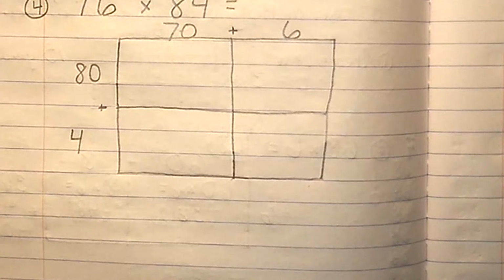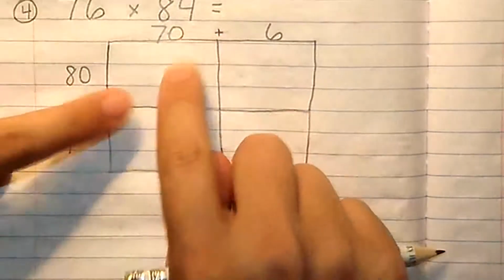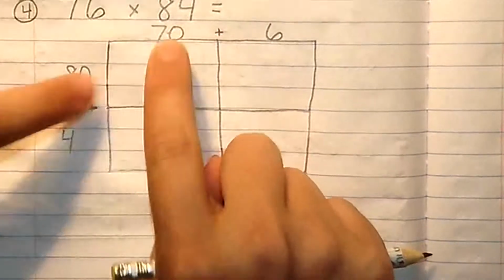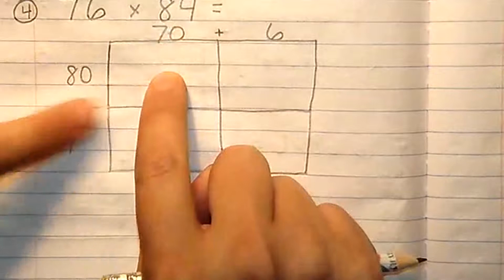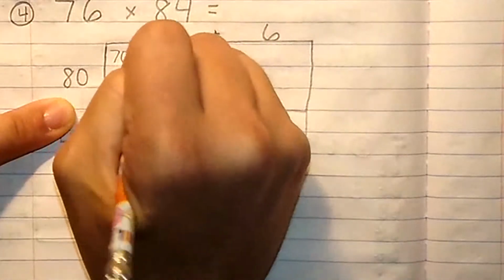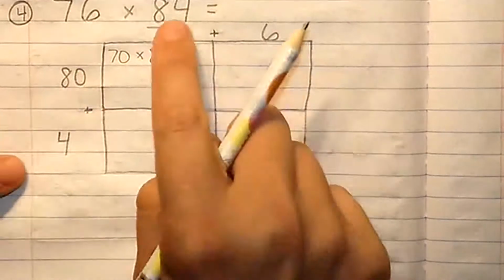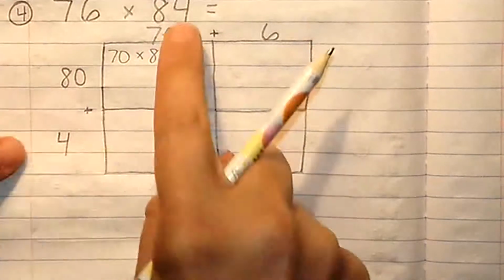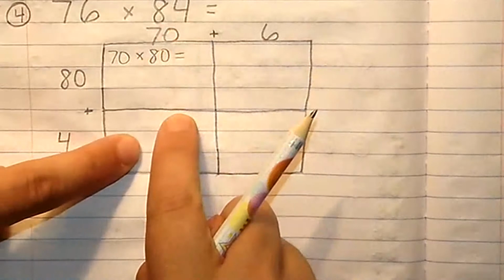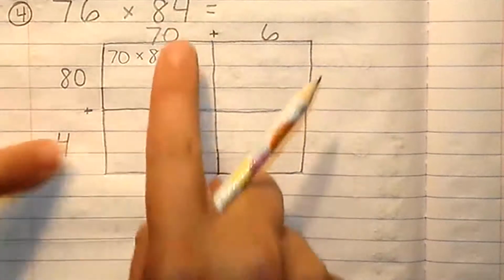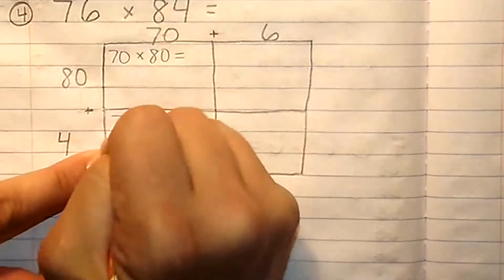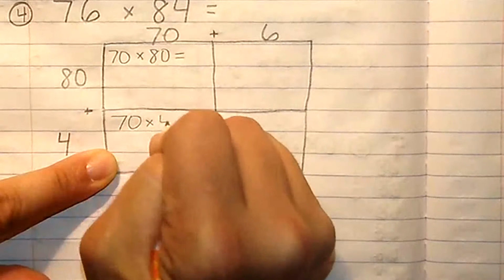Okay, so what do you think I'm going to put in this very first box? I have this box that I need to fill. Which 2 numbers look like I need to multiply in this box? If you said 70 times 80, you were exactly right. Which numbers do I need to put just below it? 70 times 4.